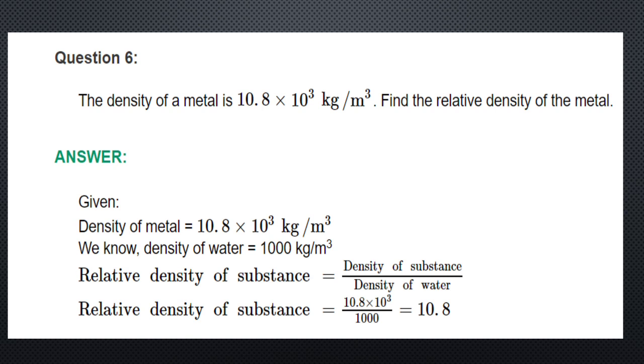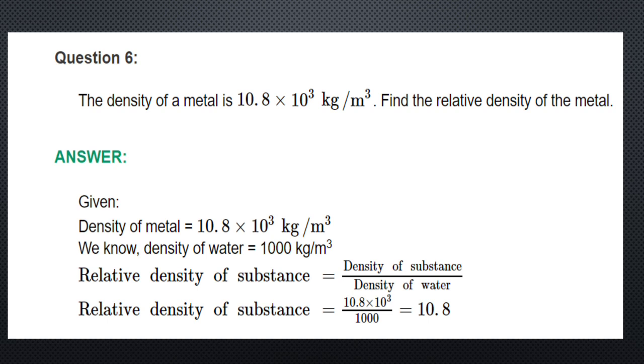Now we will apply the formula. What is the formula used over here? Relative density of substance is equal to density of substance upon density of water. Relative density of any substance is the density of that substance with respect to the water. So we have written this formula like this. So now we will calculate. Relative density of substance is equal to, in the place of density of substance, we will put the value.